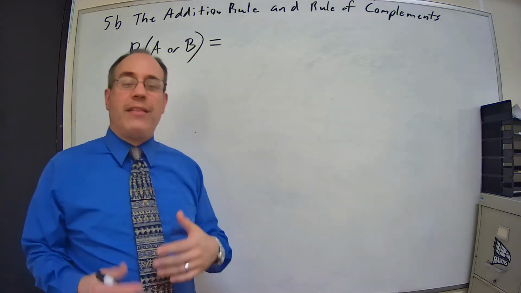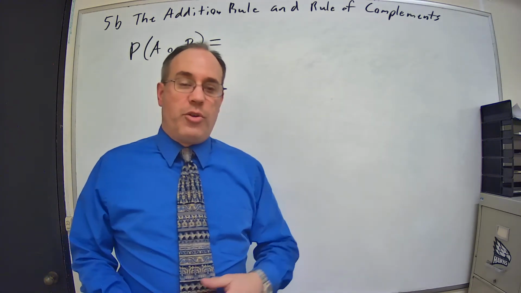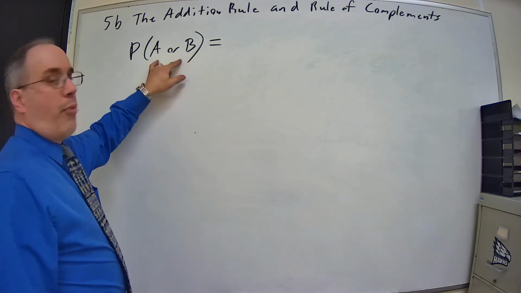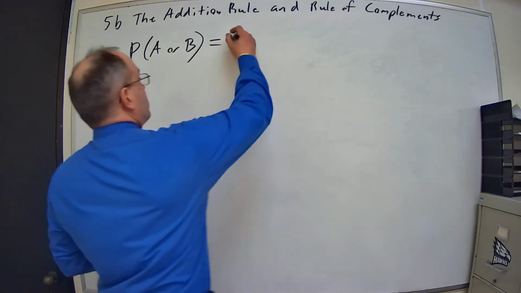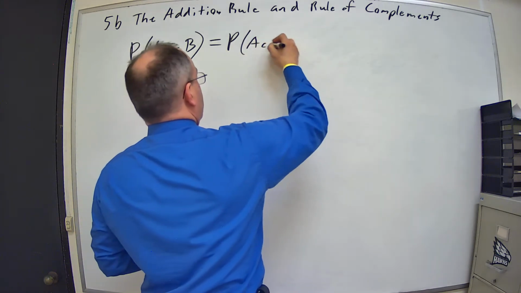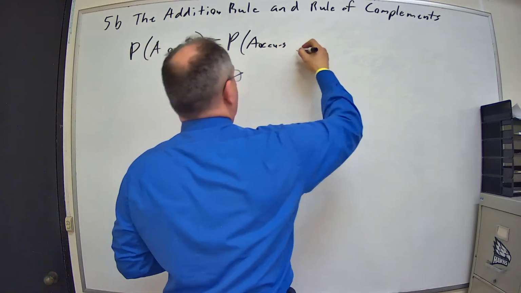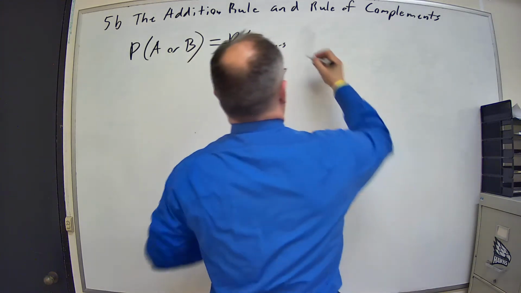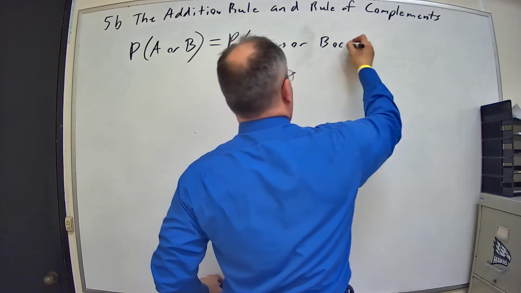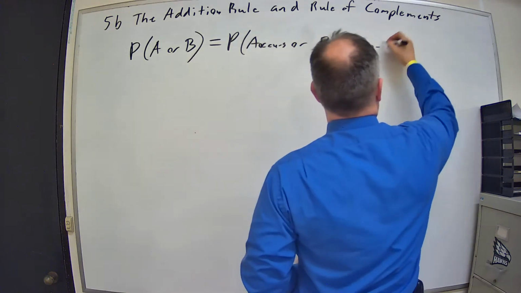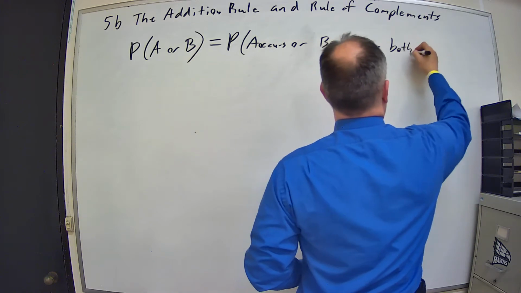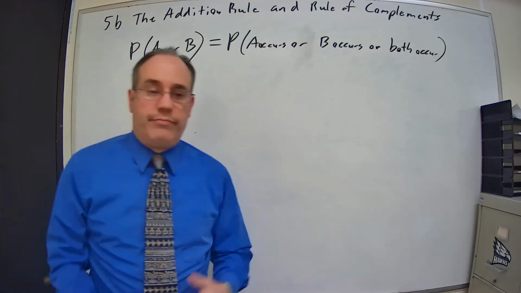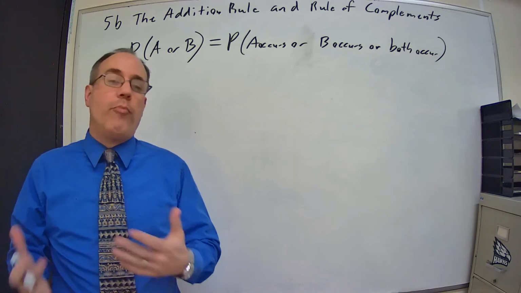We're just looking for at least one of them to occur. So that's the probability that one, the other, or both of them occur.